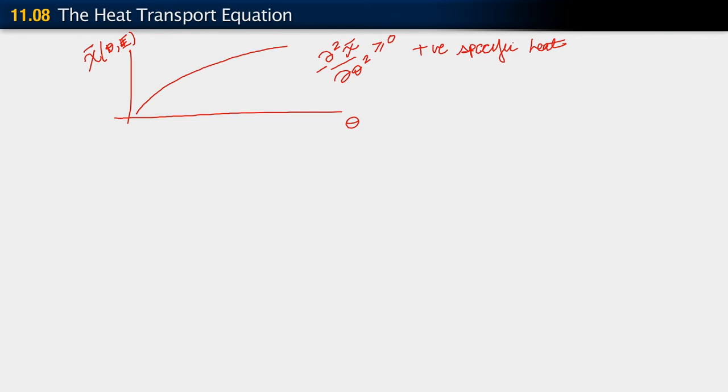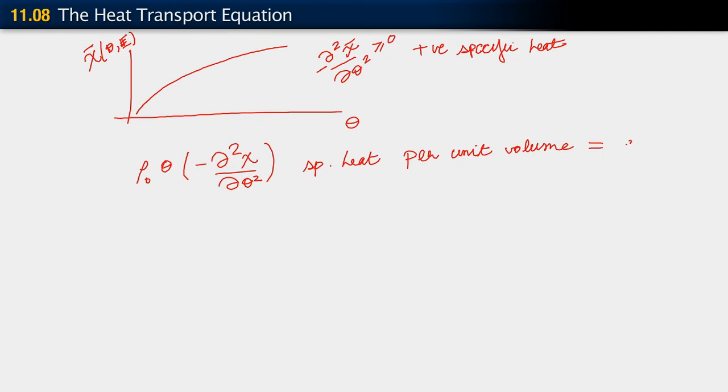Okay. So we can now rewrite. What I'm going to do is to say that, if we denote rho naught theta times minus second derivative of chi with respect to theta as the specific heat per unit volume, okay, right, and we denote it as, let's say C. Once again, C is just a natural symbol to use for this.